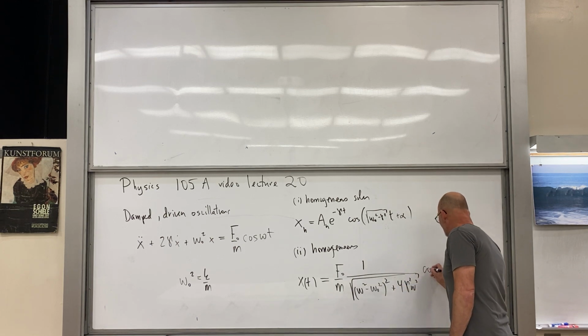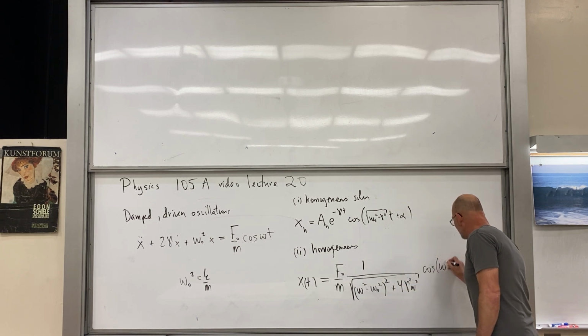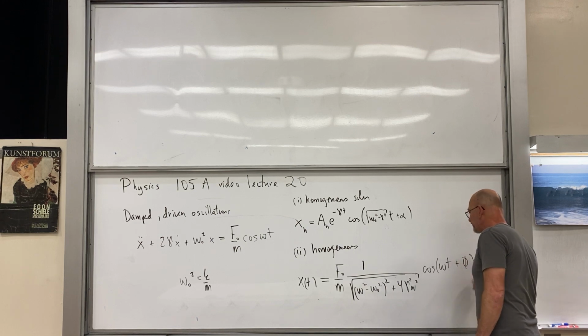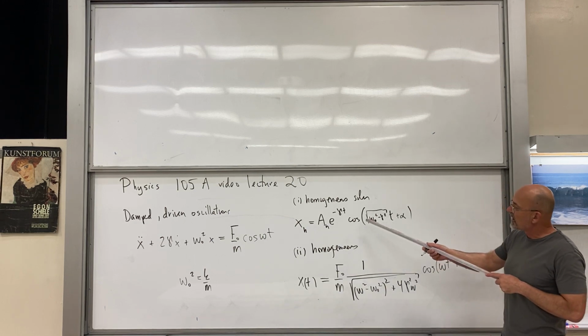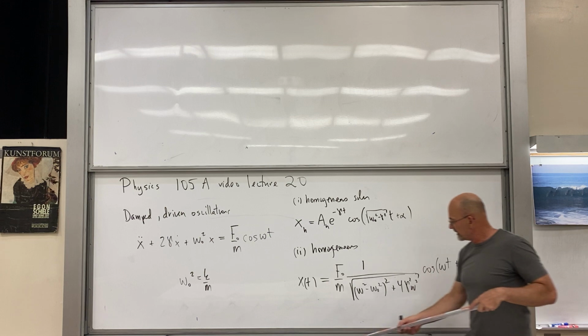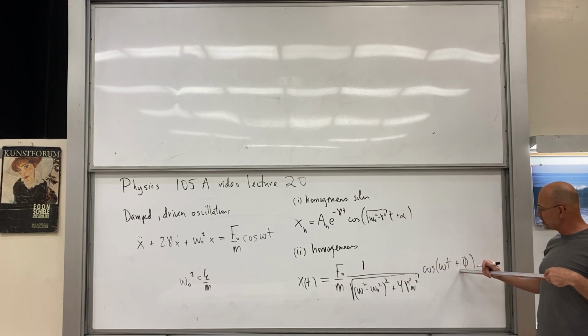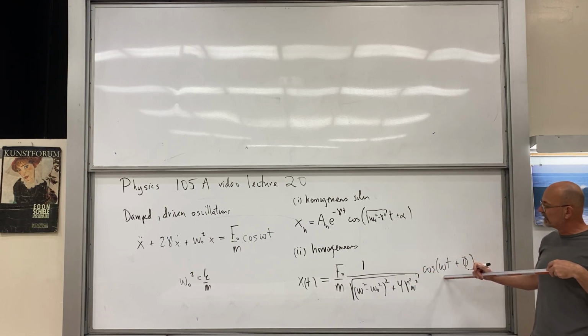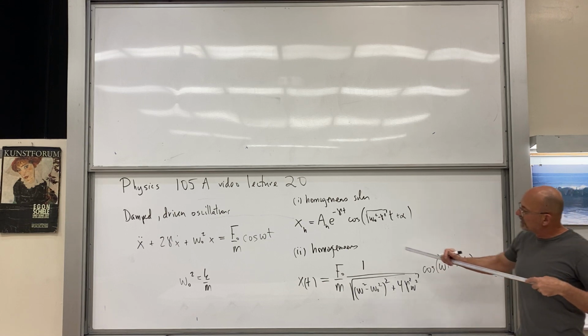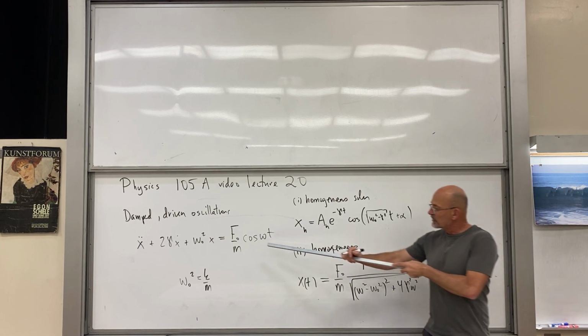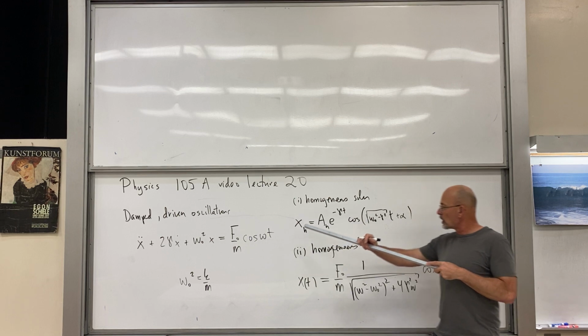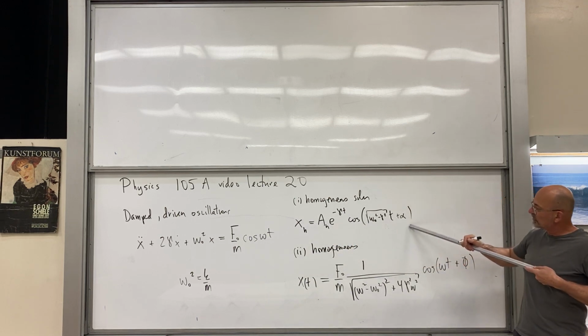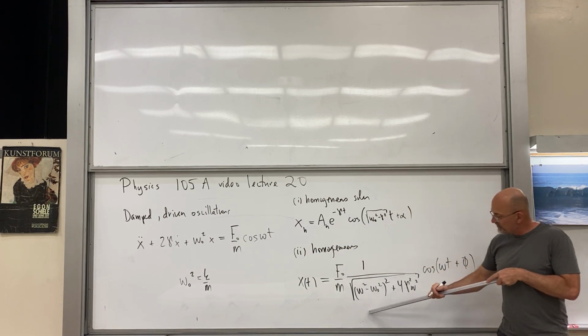And then we had cosine of omega t plus phi. So the response to this driving function is phase shifted but same frequency. Okay. So the oscillator is being dragged along by the driving frequency, and for large times this goes to 0, and we're just left with this.